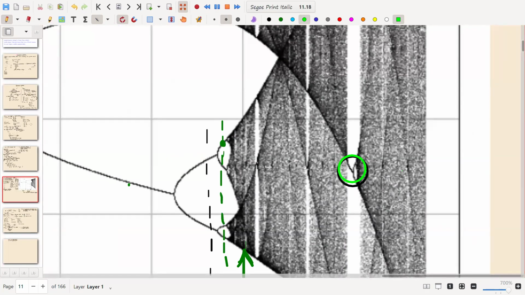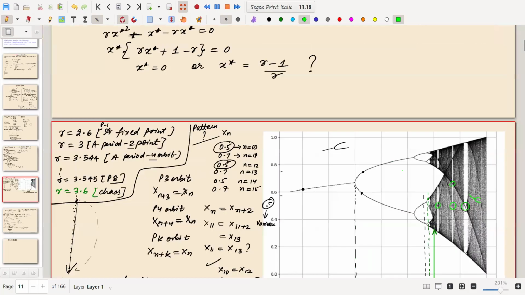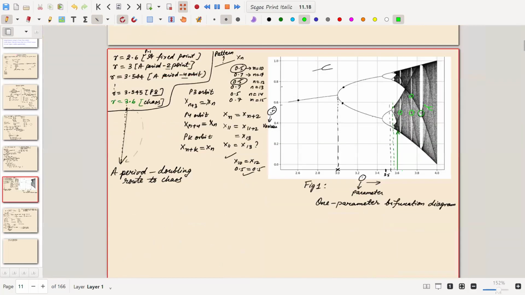If you check here, you see something like this, isn't it? So it's a period doubling route again. In a bigger copy, you see the small copy again. And believe me, here also you will see it. Here too. So this is a fractal. Such a richness it has. Simple system, but very rich.